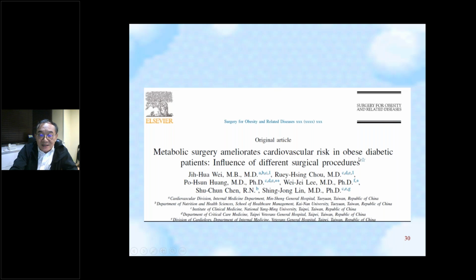However, before that, we can use some score systems to evaluate the reduction of risk and compare the procedures. This is what we are going to present today, our new online paper, where we look at metabolic surgery and the influence of different surgical procedures.